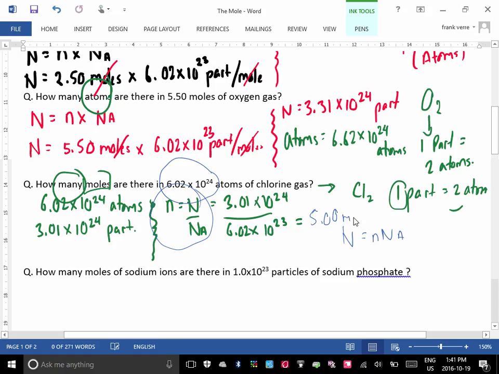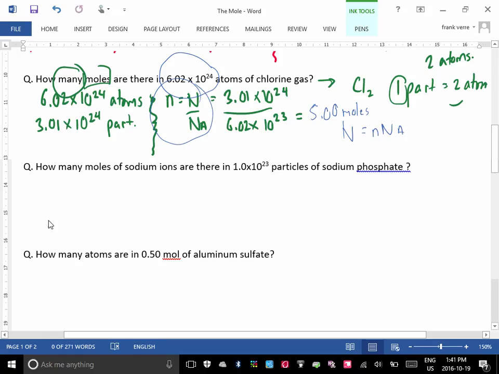Okay, we'll go with that. 3.01 times 10 to the 24 divided by 6.02 times 10 to the 23 is probably not exactly 5.00. It's probably rounded, so you guys round it off to 5.00? Exactly 5? Okay. Alright.